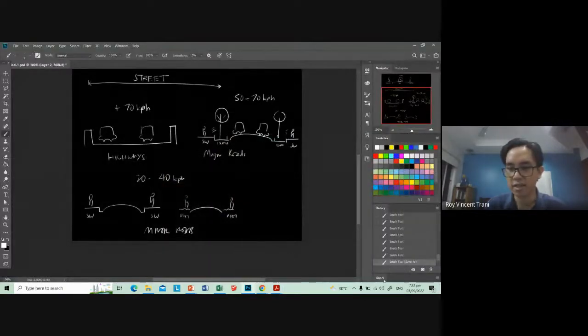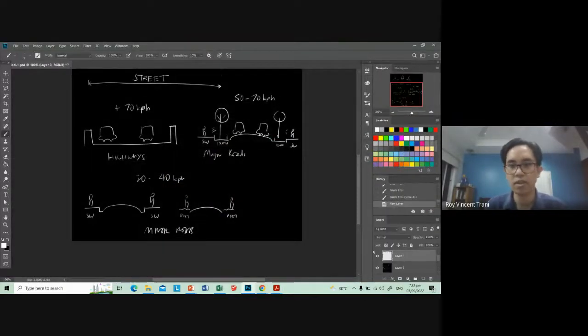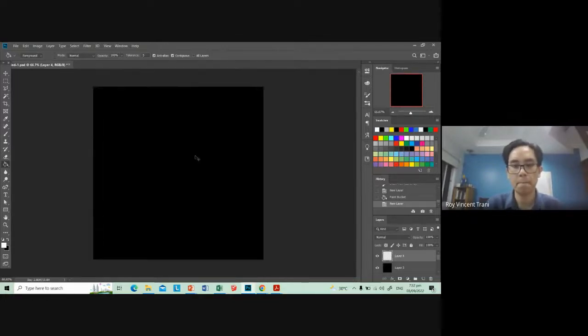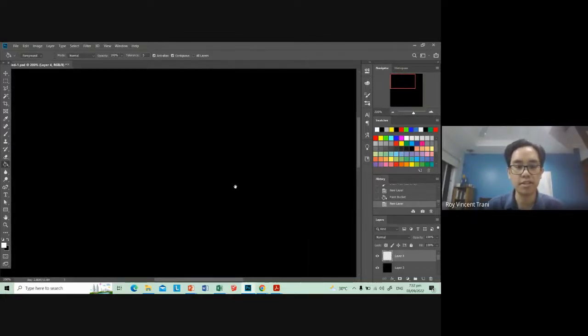The next element is what's underneath the street. In every city, we have our thoroughfares, streets, whatever, and then underneath that, we have our public utilities. So usually, we have our sewage main here.